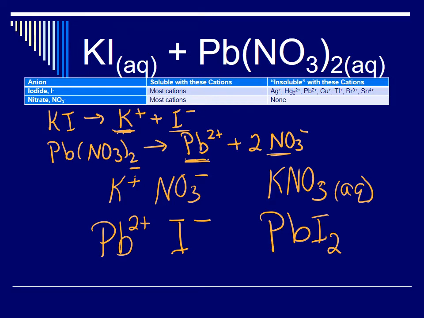Now I can go up to my solubility chart and say, okay, iodide, soluble with most cations, and here's an exception. Lead 2 is an exception. This forms a solid. So here I've kind of written out these dissociation equations and tried to figure out what would form together. Let's try this again and make it a little bit neater to be able to show how I would write this as an actual problem.